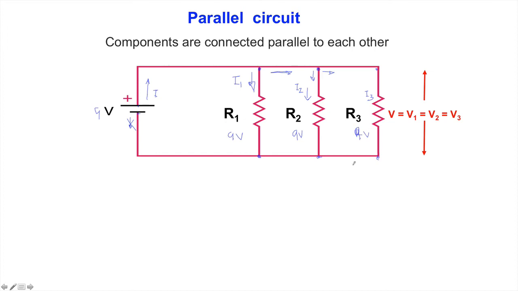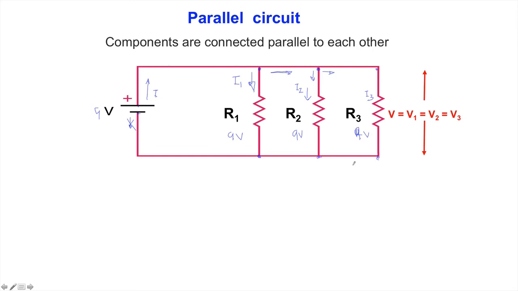Now you can also imagine it at home in your house. That's why every outlet that you see is rated as 110, 120 volt. Why? Because voltage at every point in a parallel circuit is constant. It has its own advantage. That means the amount of voltage is not going to reduce in your house.